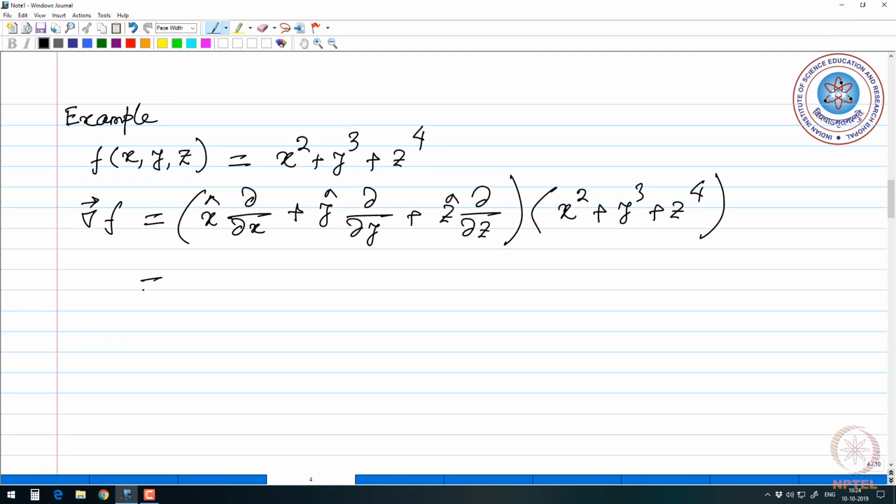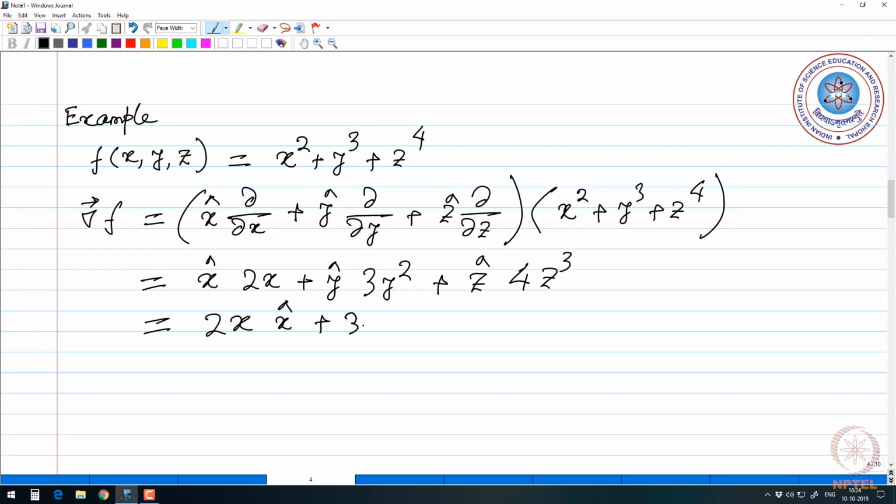So we will get x cap 2x plus y cap 3y squared plus z cap 4z cubed, which, rearranging it properly, is 2x x cap plus 3y squared y cap plus 4z cubed z cap.